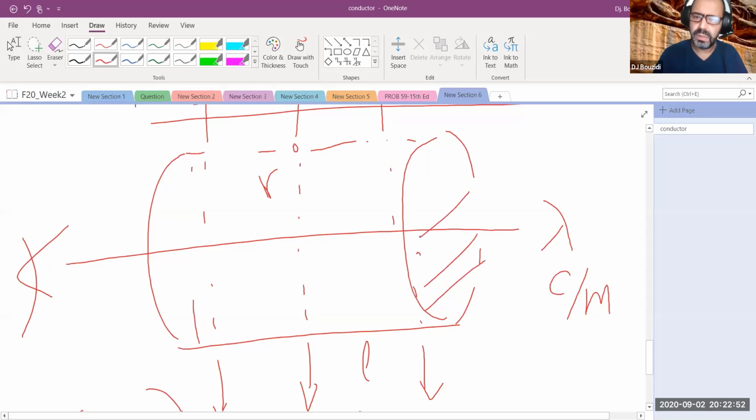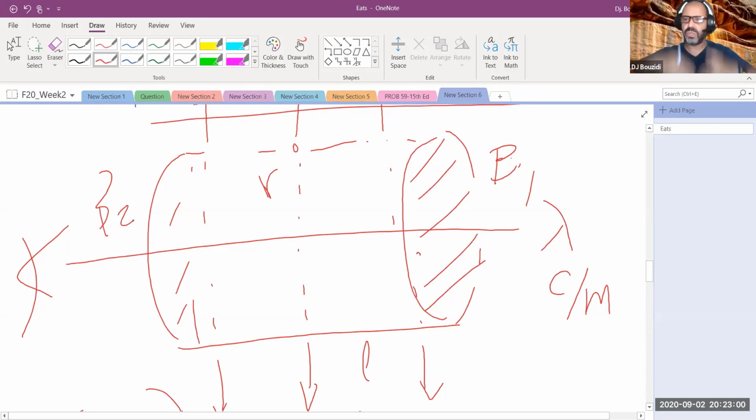Having said that, this is the Gaussian surface. It has two bases. This is base 1. It has another base on the other side, base 2. And it has this lateral surface, the side surface. So we have 3 sides to it. If you come and cut it, this whole surface is not really a surface, by the way. It's just a made-up surface, a mathematical surface. Since it's a mathematical surface, I can cut it anywhere and open it.